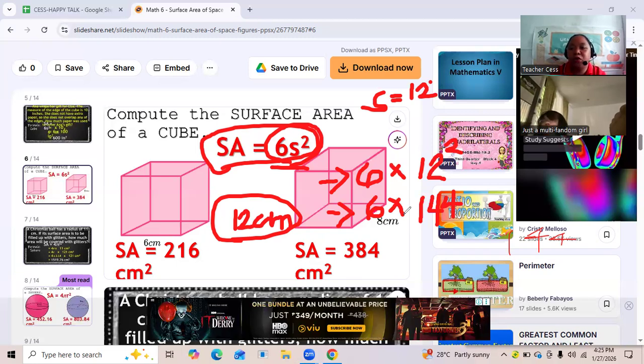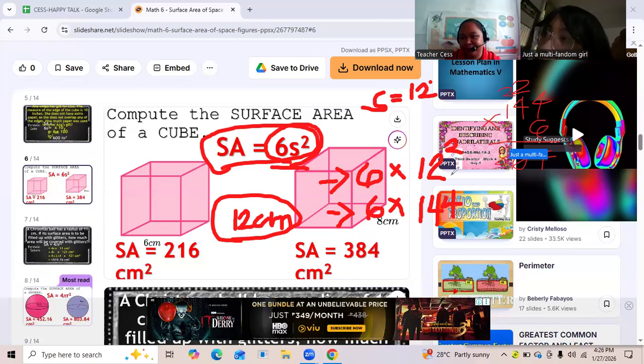If you're going to multiply 144 by 6, what will be your final answer? 6 lang po. 144 times 6 only.